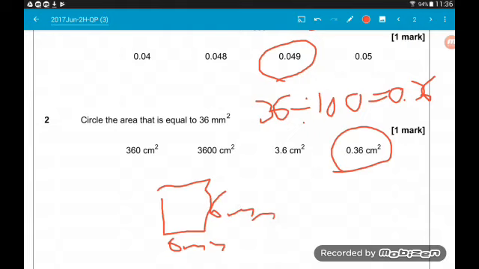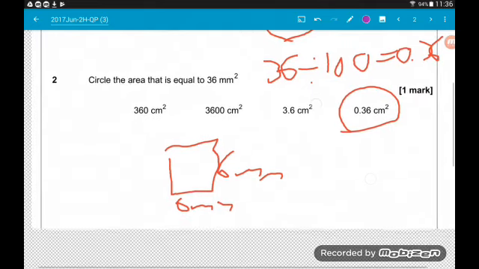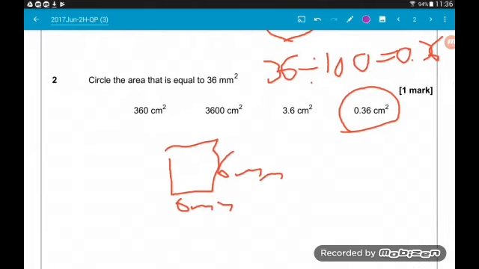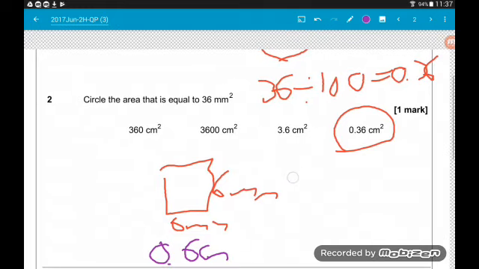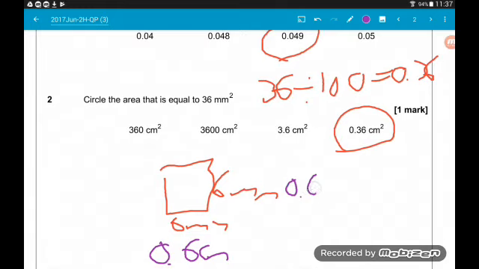Now if we convert millimeters into centimeters, then we've got 0.6 centimeters times 0.6 centimeters.